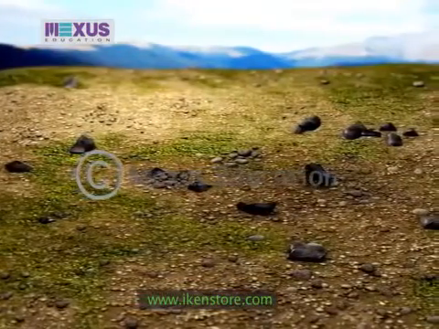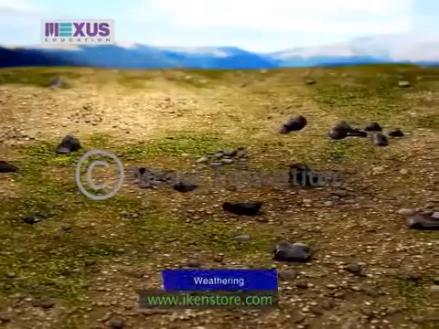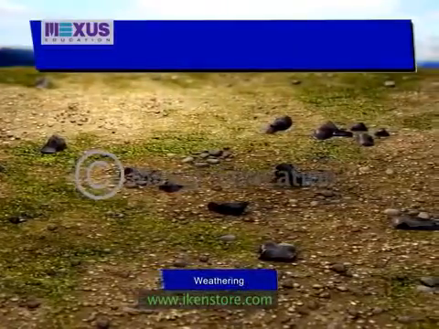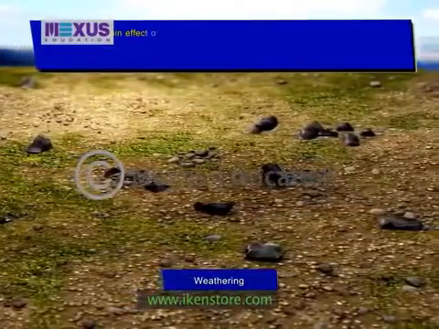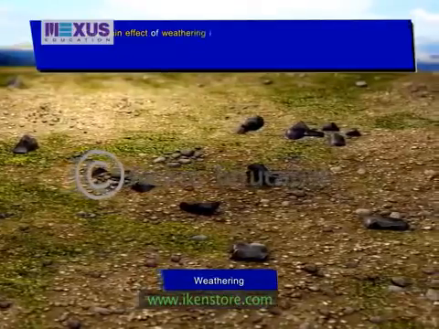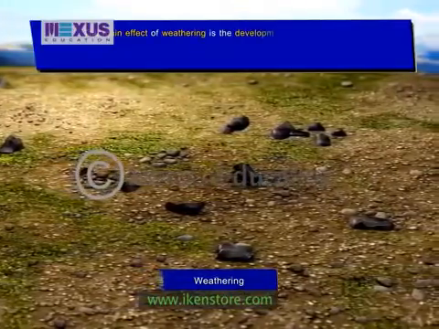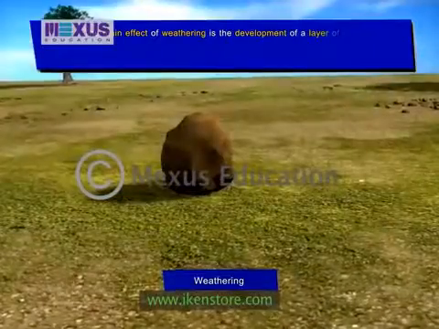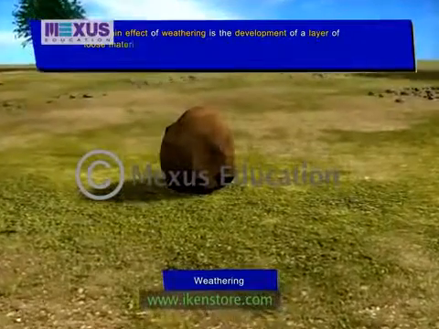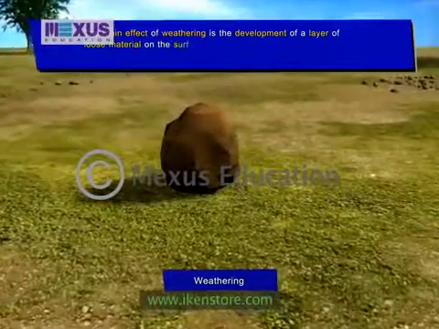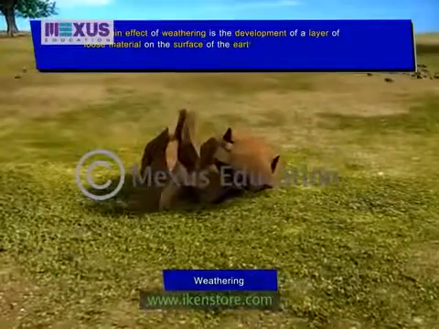Let us understand the effects of weathering. The main effect of weathering is the process of soil formation. When a rock is exposed to the atmosphere, it gradually begins to break up because of the process of weathering.